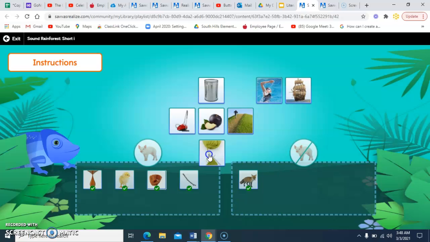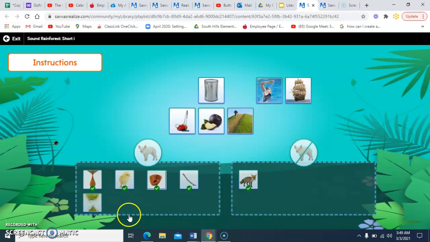This one we have yarn, yarn. Uh-oh. So that one was knit. So it wasn't yarn, it was knit. Okay, let's try another one.